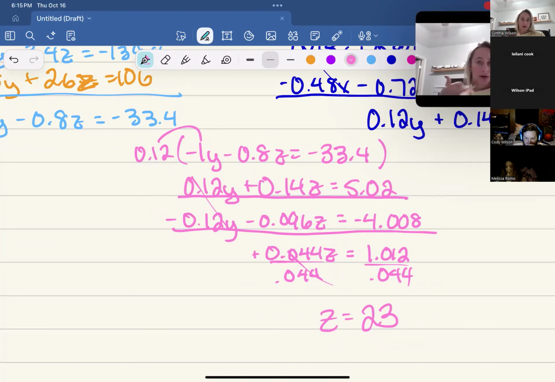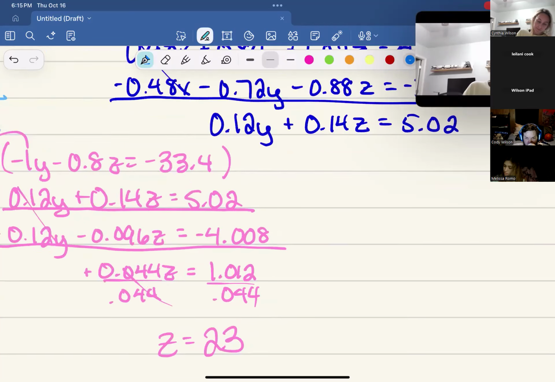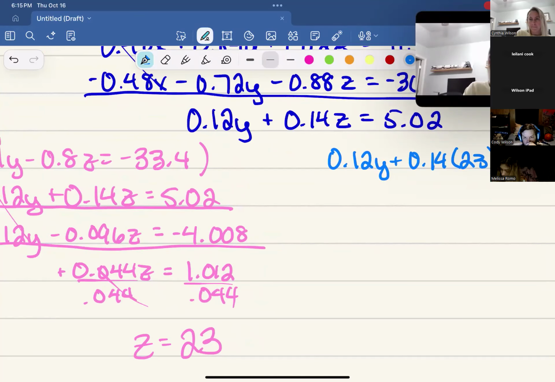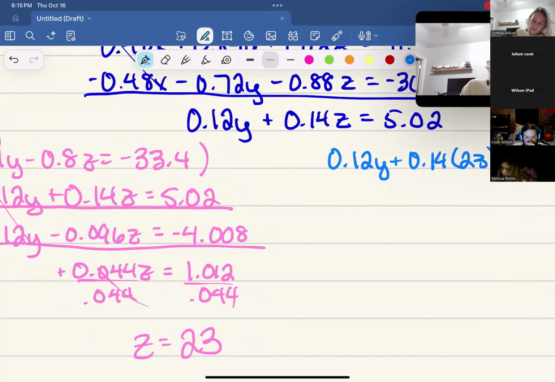All right, once we've got that one variable, we start plugging back in. So I'm going to take it and just plug it into this one here and solve for y. So 0.14 times 23.